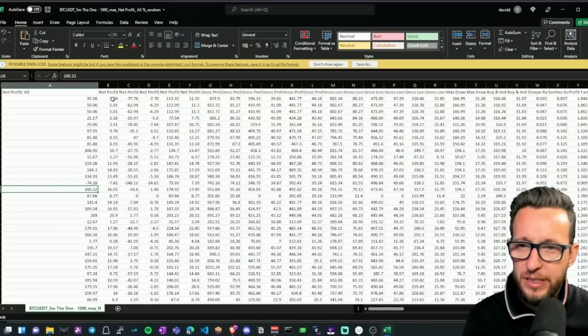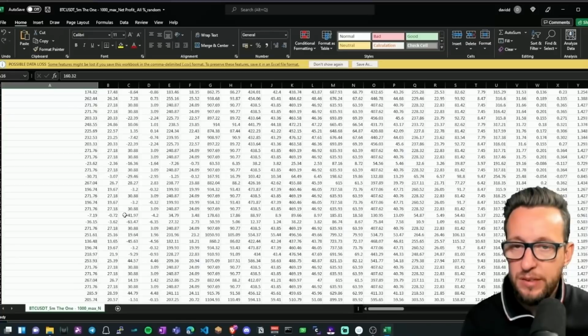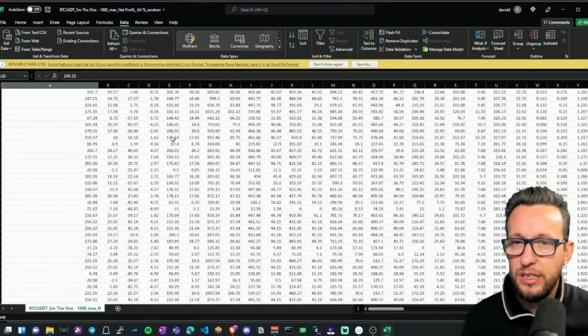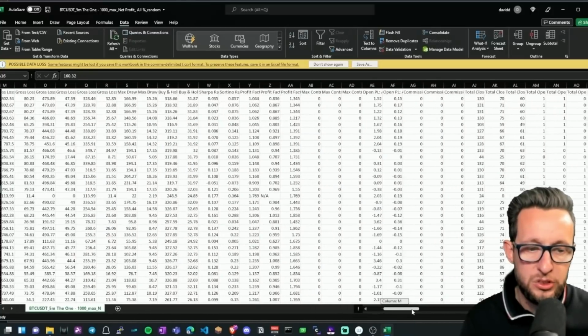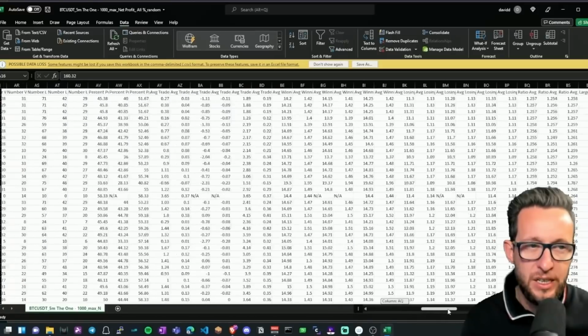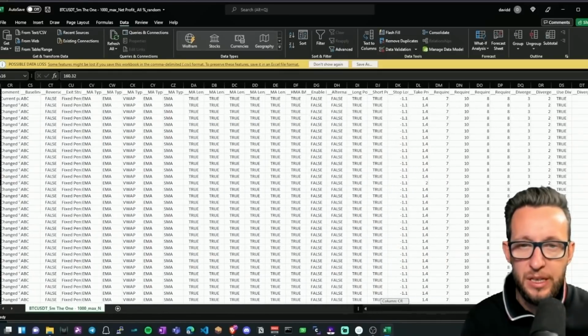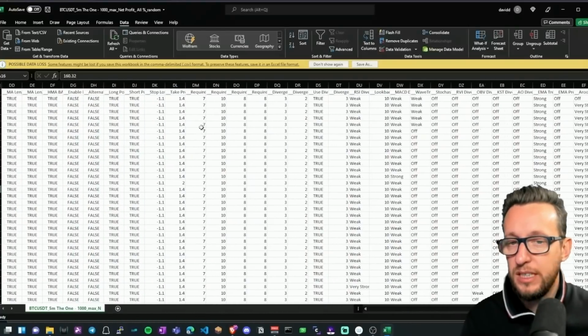So you've got all your net profits for each and every setup that was made by the Optimiser to give the results that it has. You can obviously use the Excel data filtering to filter out the ones that are no good. And if you go along all the way over to the right hand side here, you actually have every single setting that you'd need to set up the bot exactly the same as the Optimiser to get the same results as it.